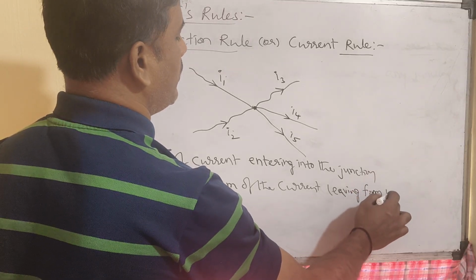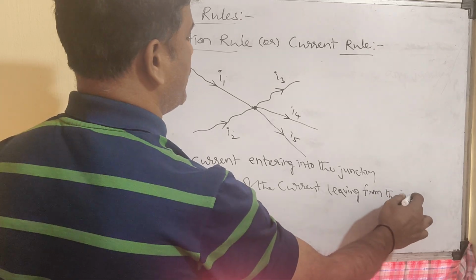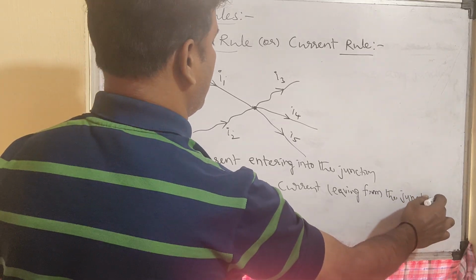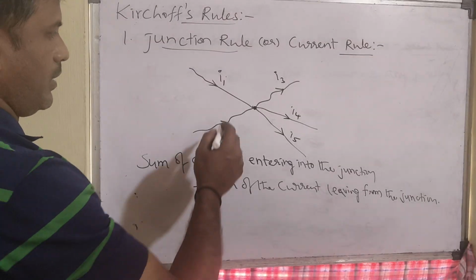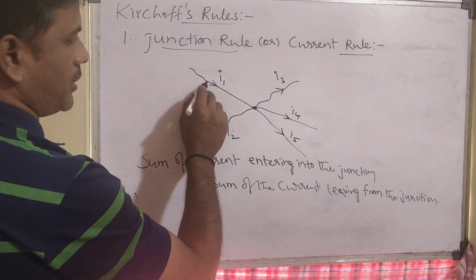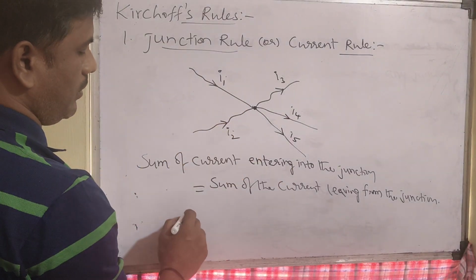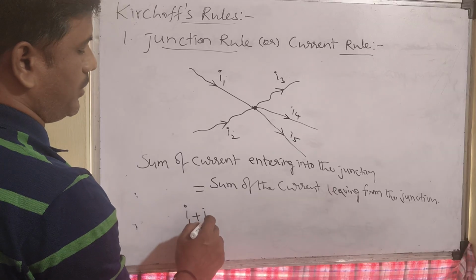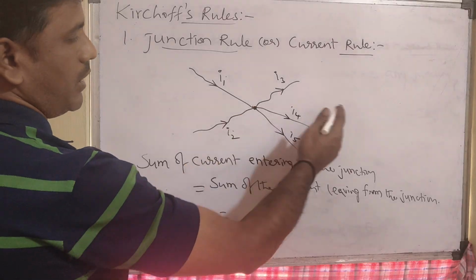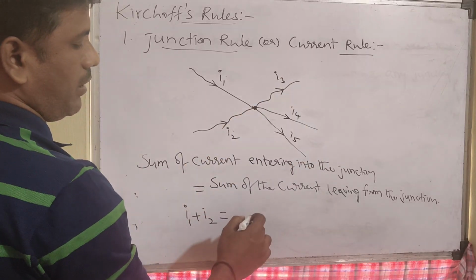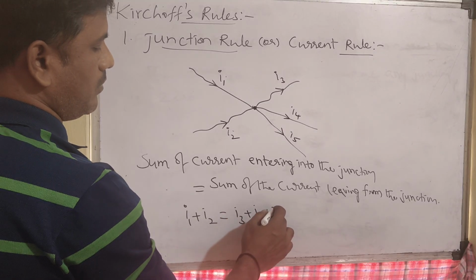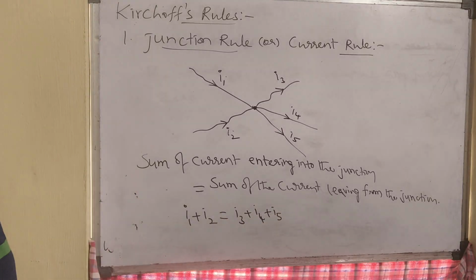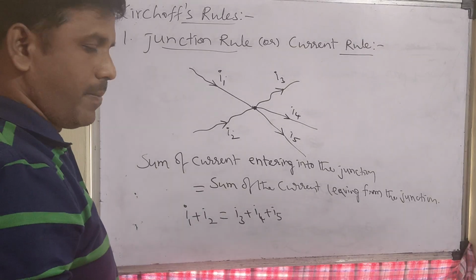This is the original definition. Which currents are entering? I1 plus I2 only. How much current is leaving? I3, I4, I5. This is according to the main statement.